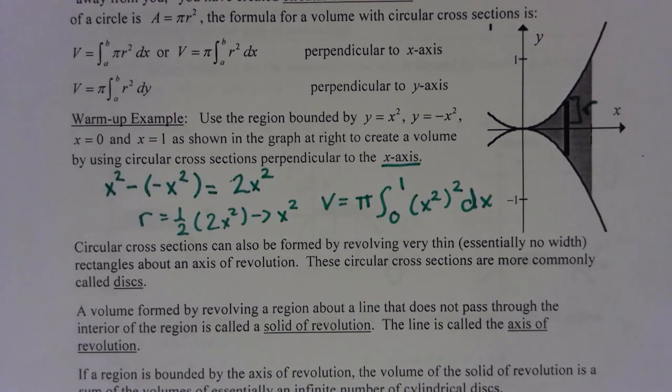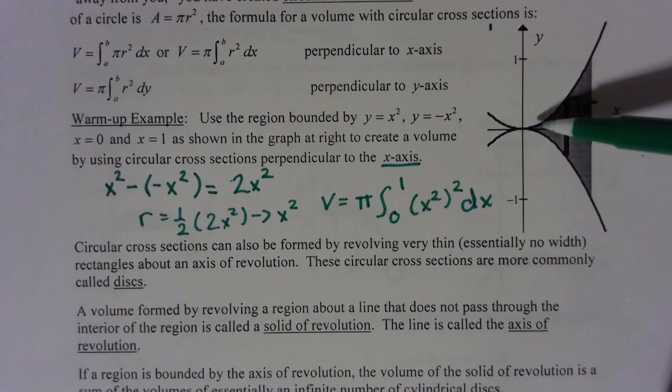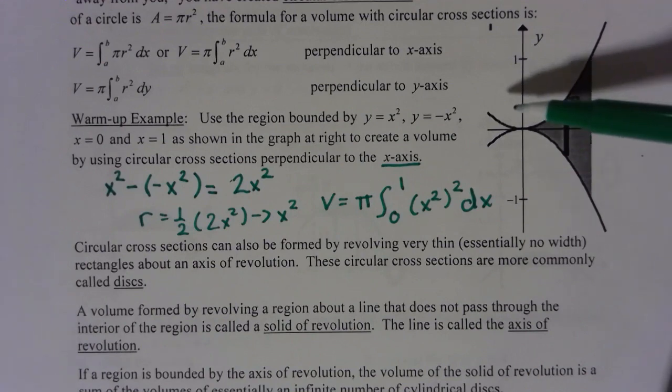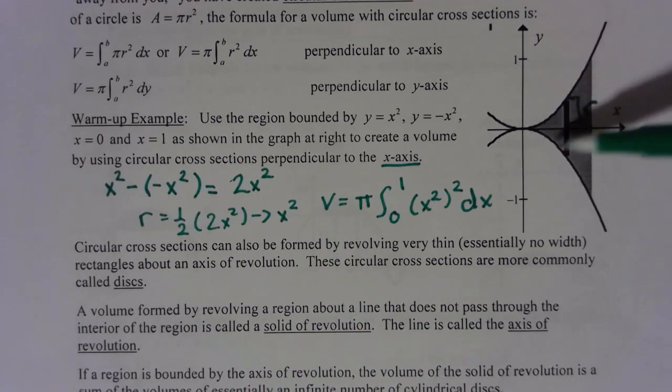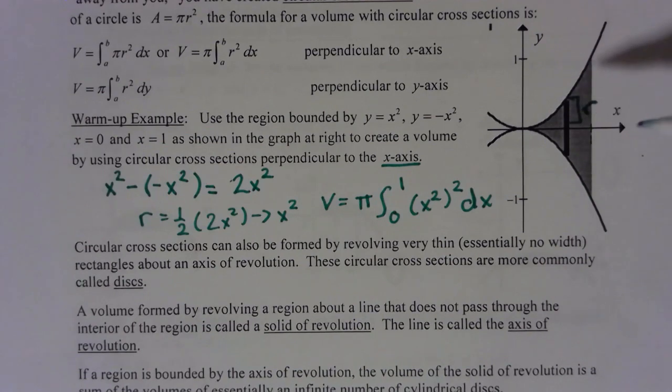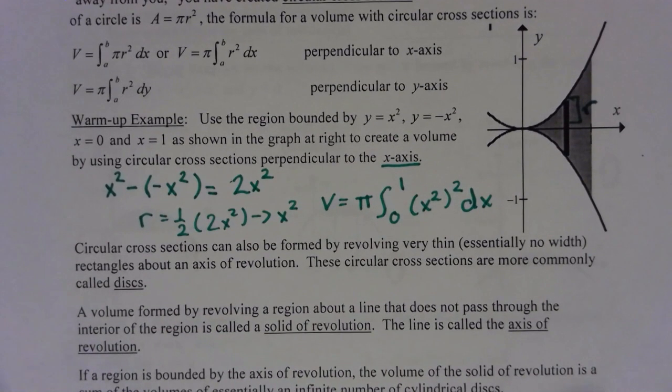So right now, if we only had the one function and we were rotating it around the x-axis, that would be a solid because there's nothing to take away in between. That will make more sense when we get to the next part. So disks are solid.